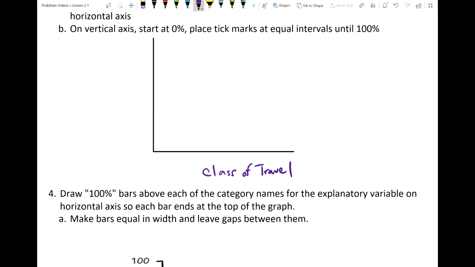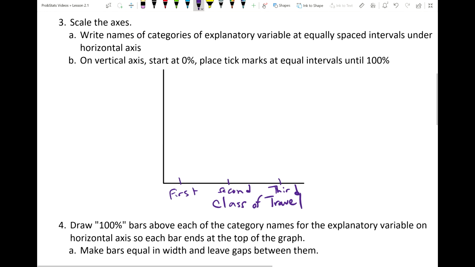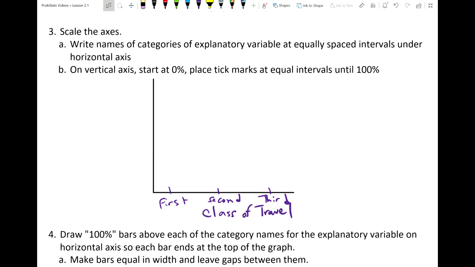According to the two-way table, we have first class, second class passengers, and third class passengers. Pretty straightforward so far.